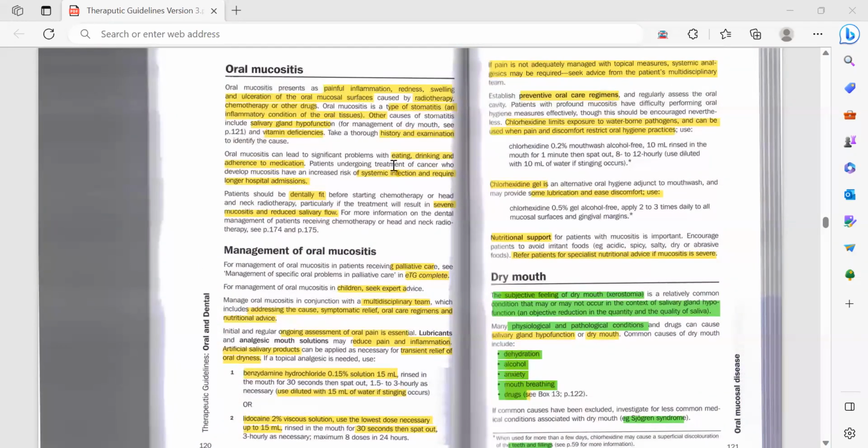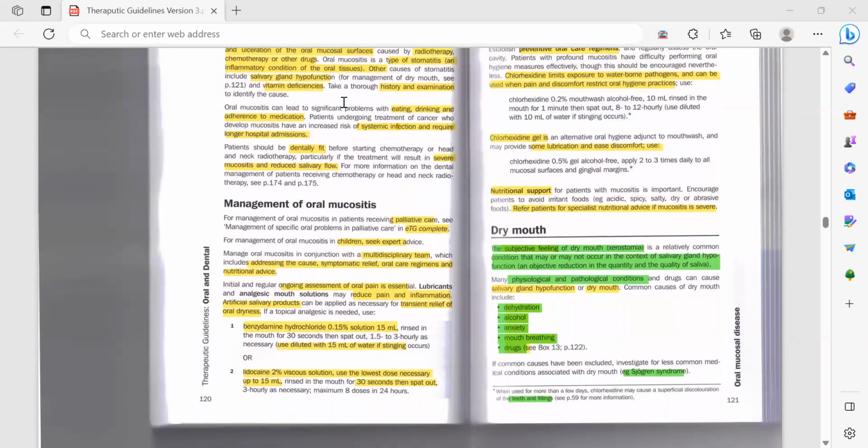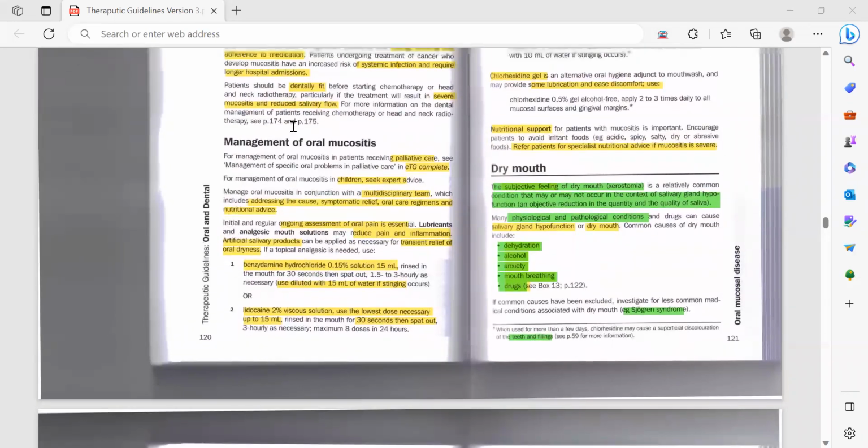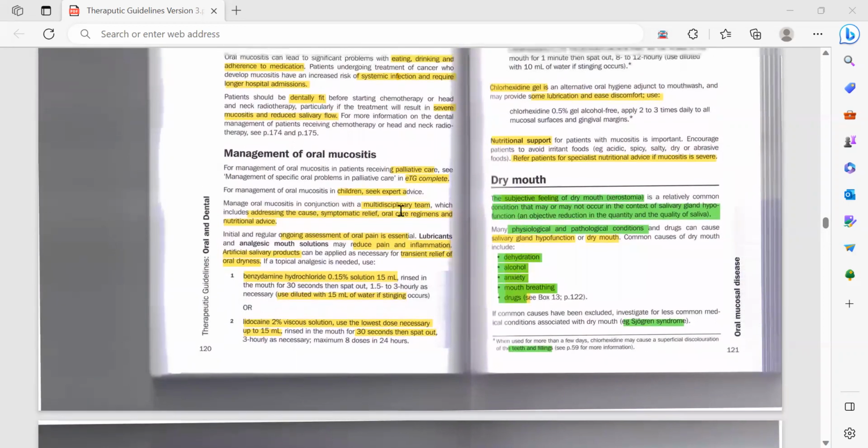Okay, so first what you need to do is take the history and do the examination to find out the cause of mucositis. Later on, when you manage the patient, you need to give him symptomatic relief. You can prescribe any of these medications. Then you need an oral care regime, because that is very important.